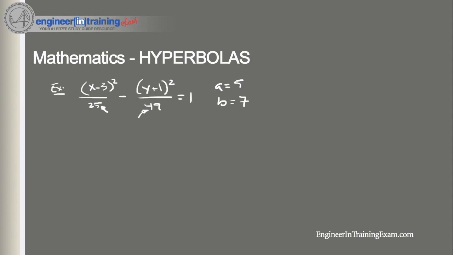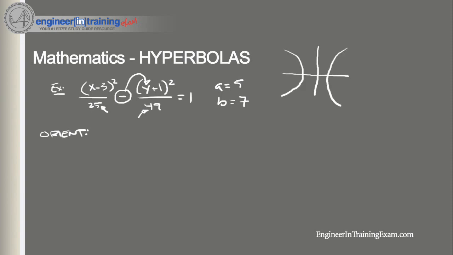We can determine the orientation right off the bat of this hyperbola. And we know that because what depicts that is this negative sign. We notice that it's in front of the y, and since it is in front of the y, we know that this hyperbola is going to open left and right, something like this.